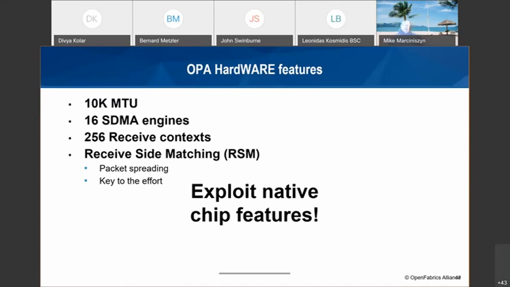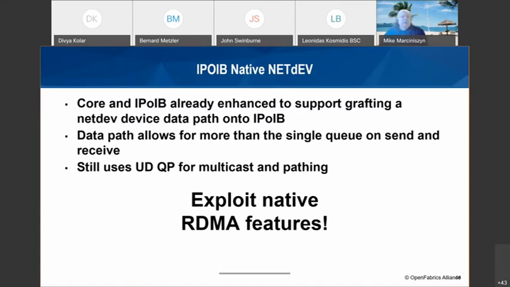You can skip to the next slide. The core IP over IB already had enhancements, many thanks to folks at Mellanox, for adding a capability to graft a network device onto IP over IB.